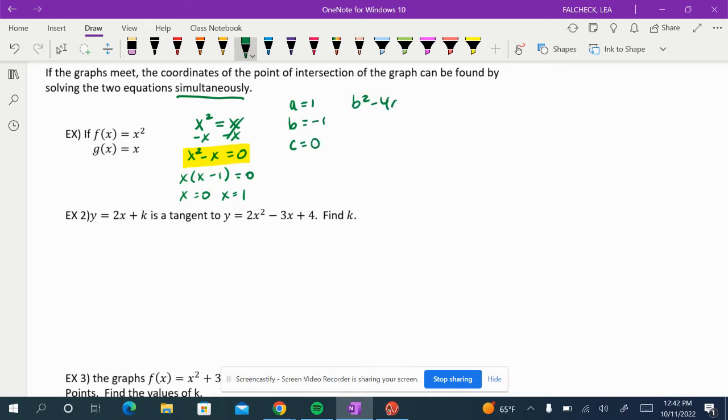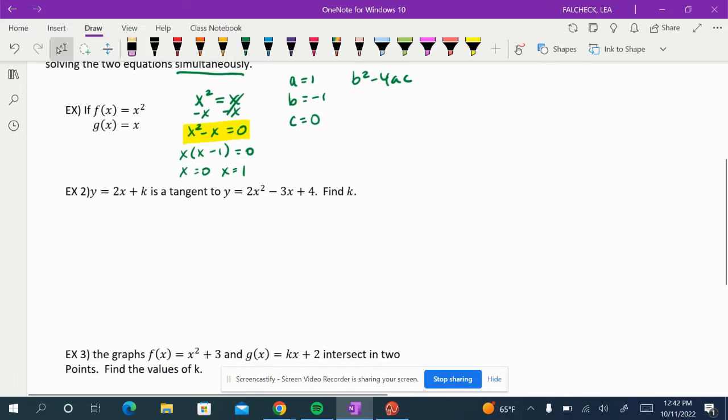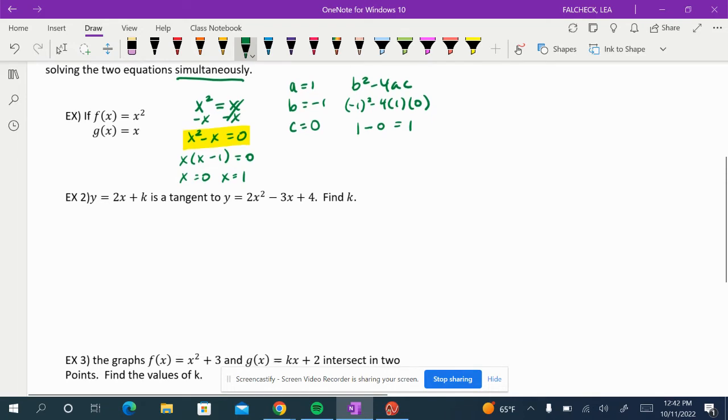We have b squared minus 4ac: negative 1 squared minus 4 times 1 times 0. Now I have 1 minus 0, that's just 1. So it is a positive discriminant. Therefore, we know that it's going to have two solutions, or two intersections.